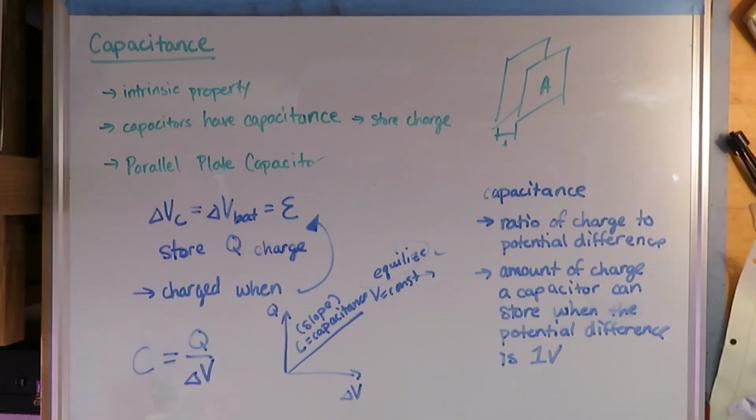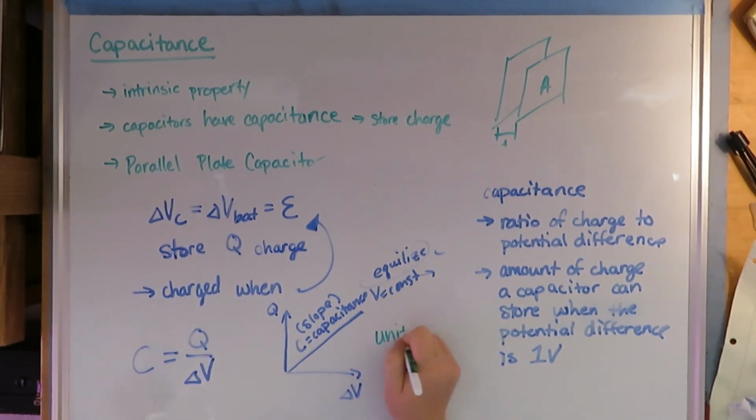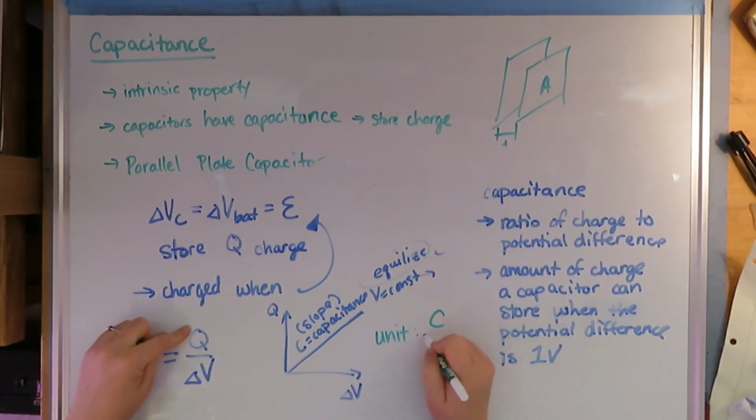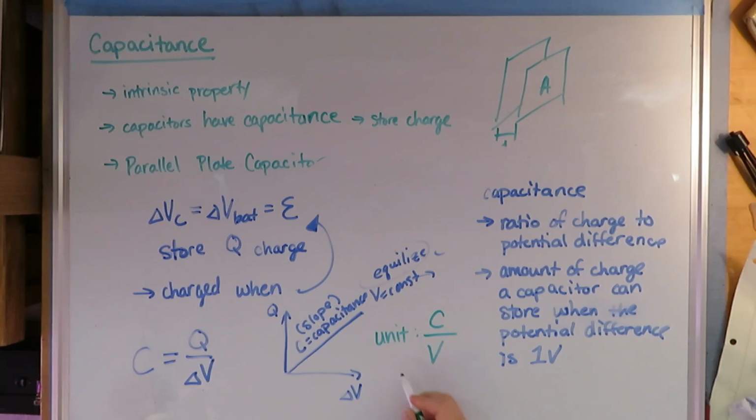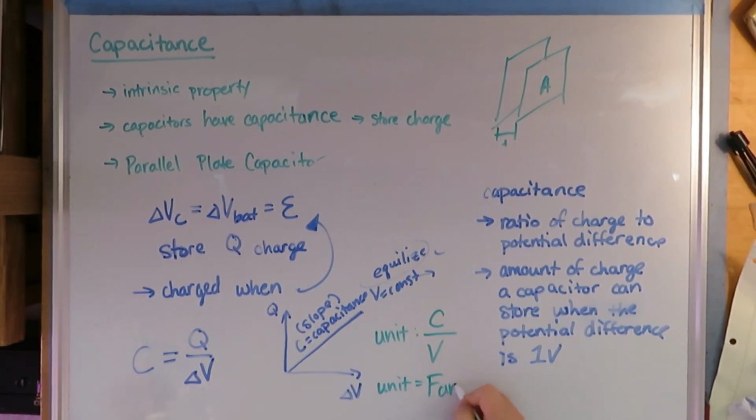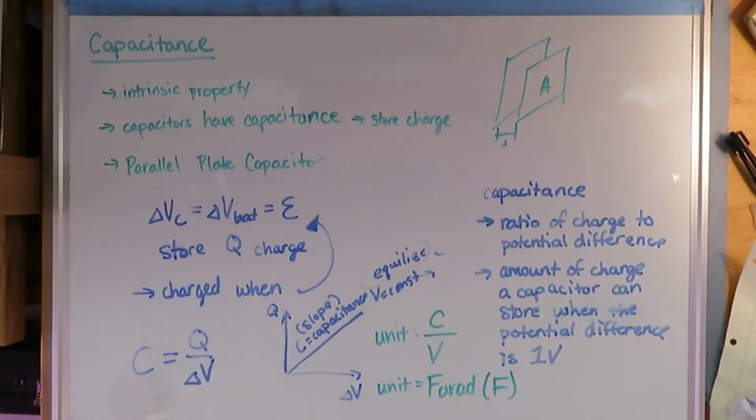So the units of capacitance, if we look here, are going to be charge per volt. And we call that unit the farad, after Michael Faraday, which gets the capital F for that unit.